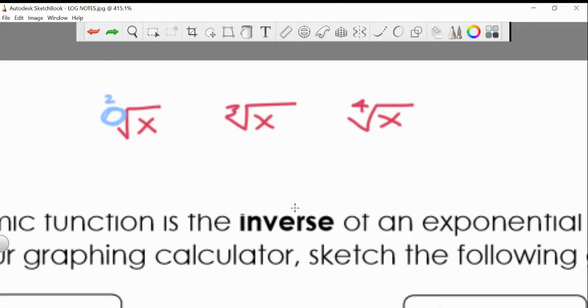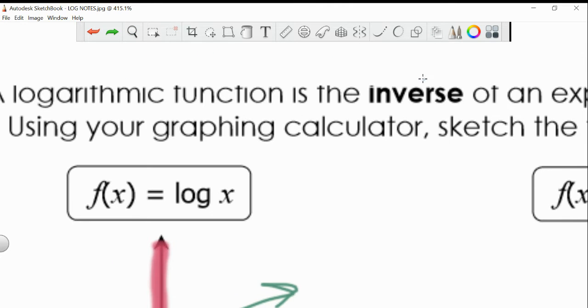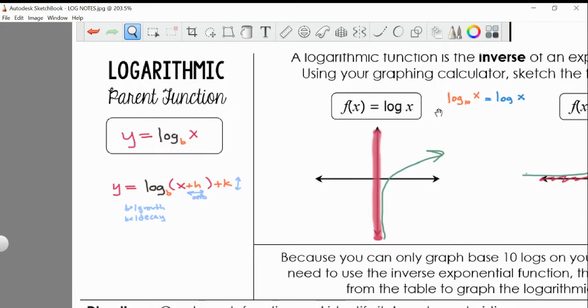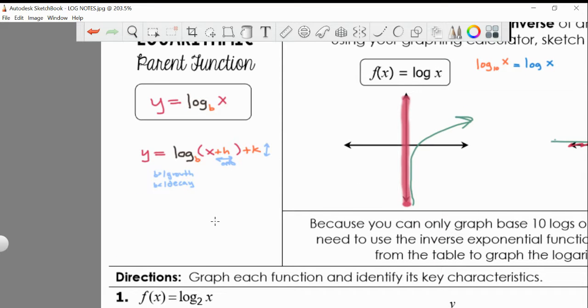It's the same thing with logs. In the real world, when you use logs, almost every time you're using log base 10. Almost every time. And so if you see a blank log, it means log base 10. That is a super important thing for us to understand. Maybe you want to write it down here.